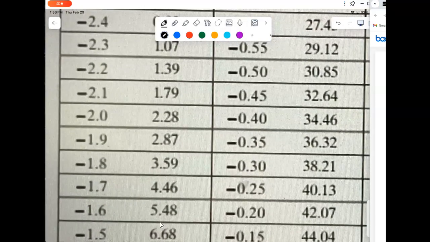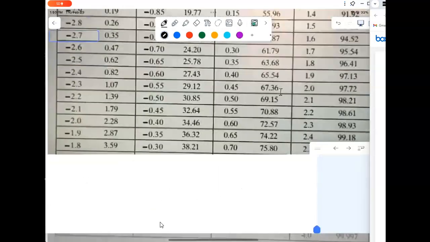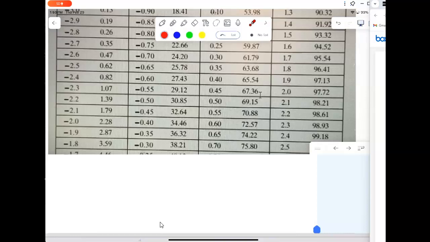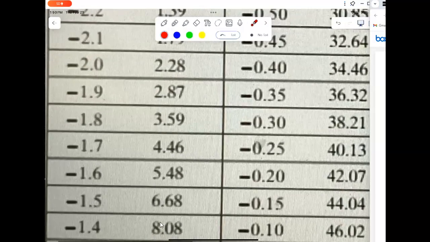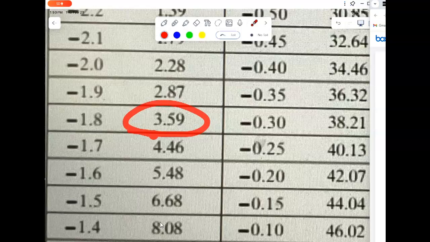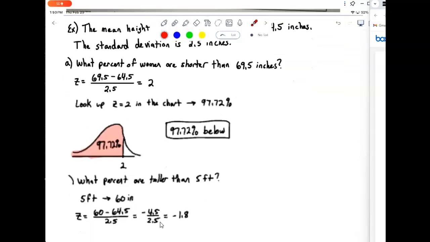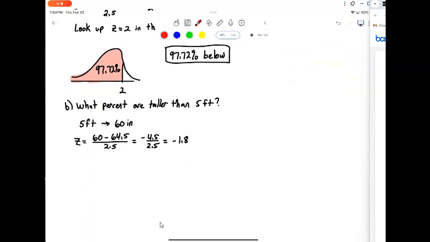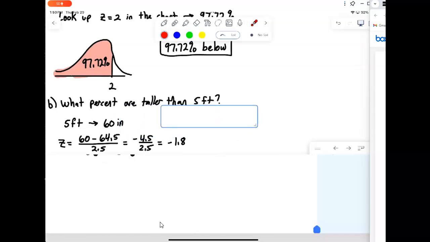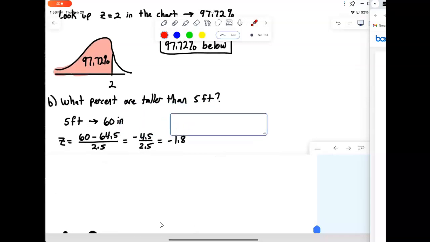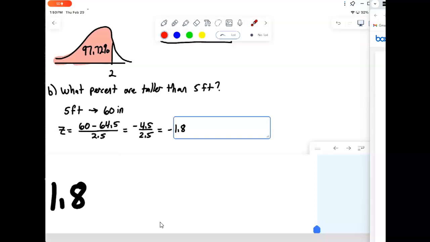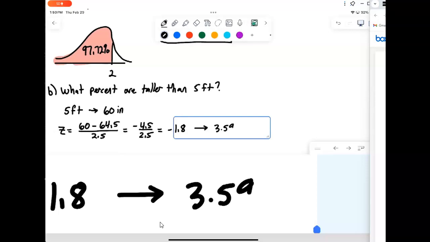So I'm going to do that. Oh, no, I'm on the wrong one here. Z-value of negative 1.8, there it is. We see that negative 1.8 corresponds to 3.59. So we come back down here, and our chart leads us to 3.59%.